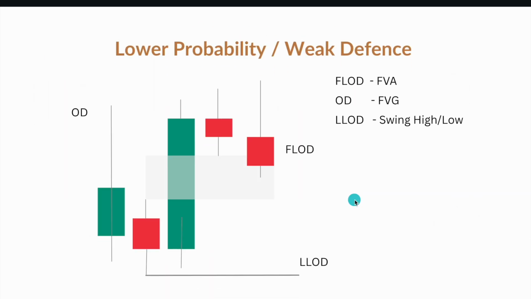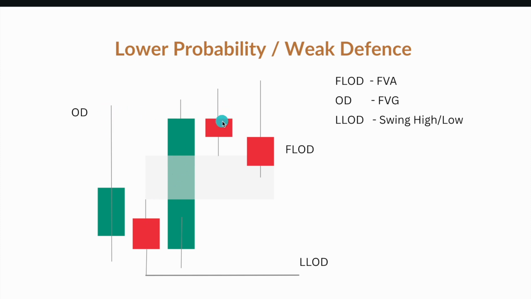So let's understand lower probability and weak defense as well. In this order flow leg, as you can see, we have created this fair value gap. However, this swing high is not exactly overlapping this fair value gap. So an overlapping defense is the first to retrace into.